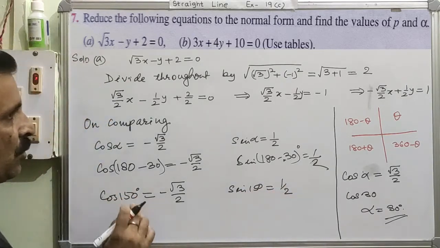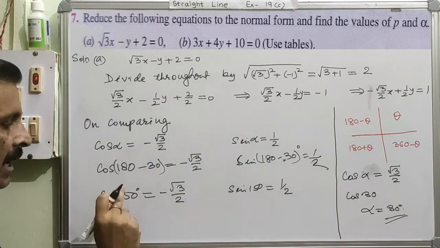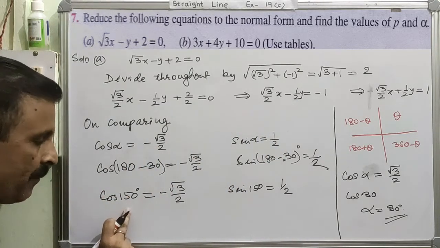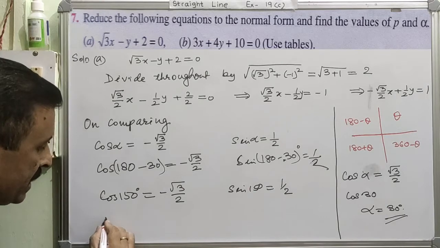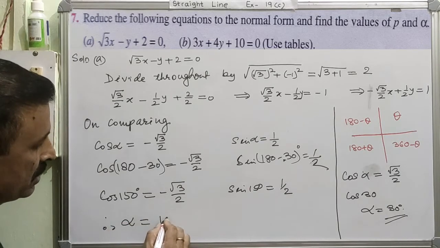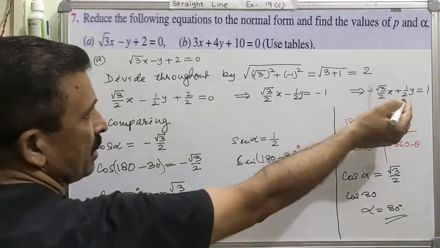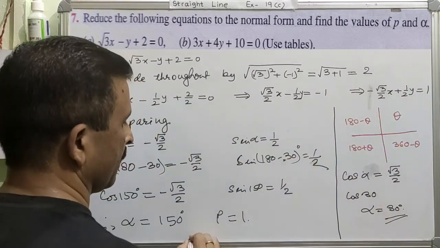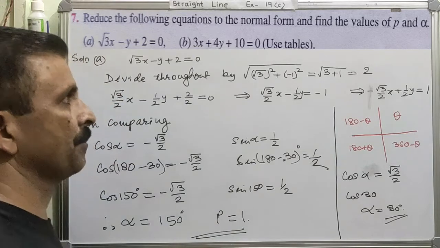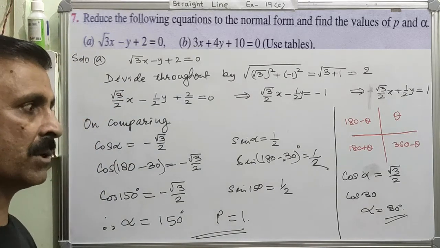That's how you got the value of angle alpha, and that alpha comes equal to 150. Therefore, we can say alpha is equal to 150 degree. This is your answer. Am I understood?